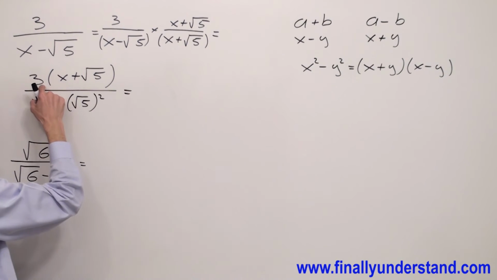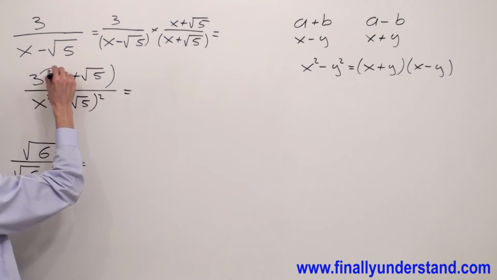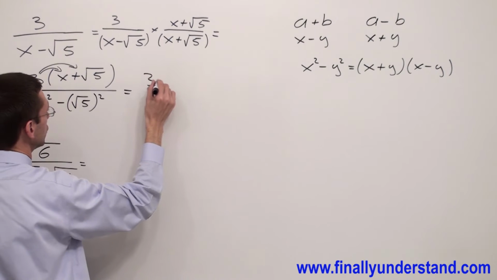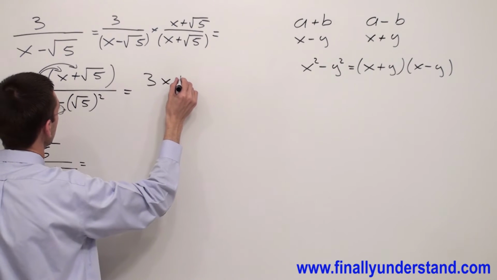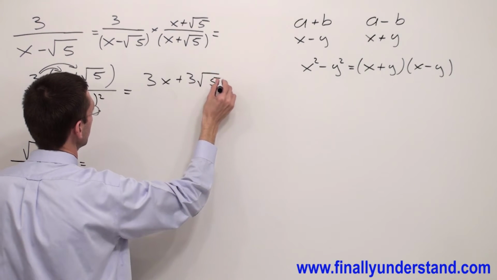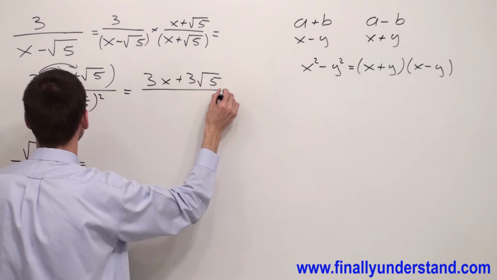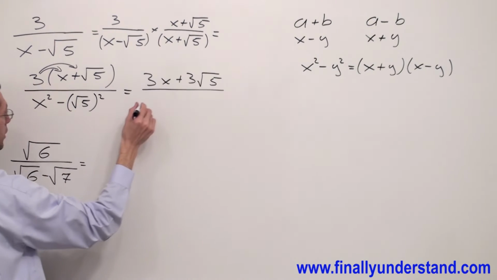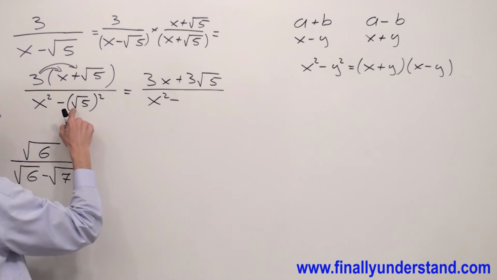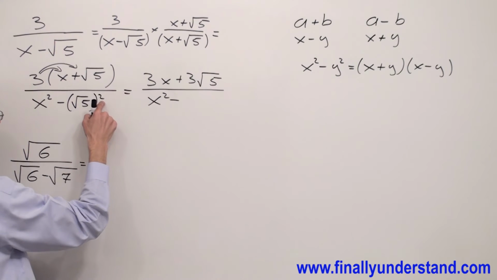I'm going to distribute this 3 into the parentheses, and I'm going to have 3x plus 3 square root of 5, over x squared minus square root of 5 raised to the second power.